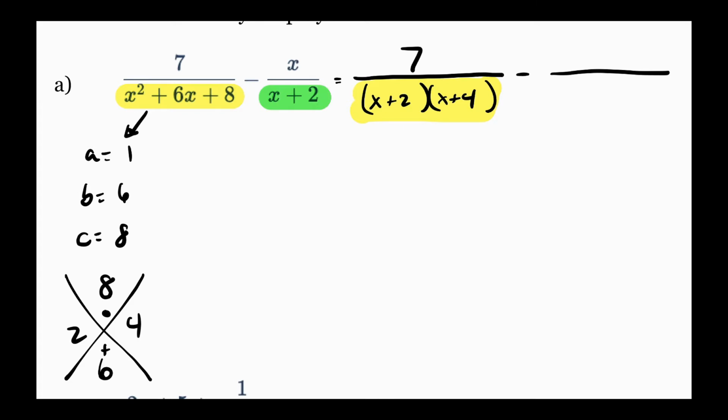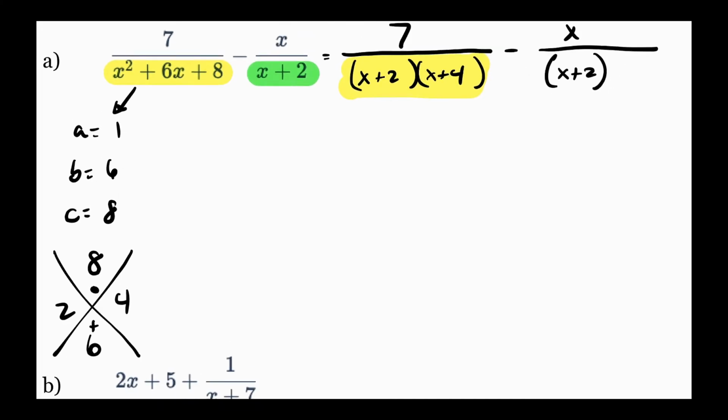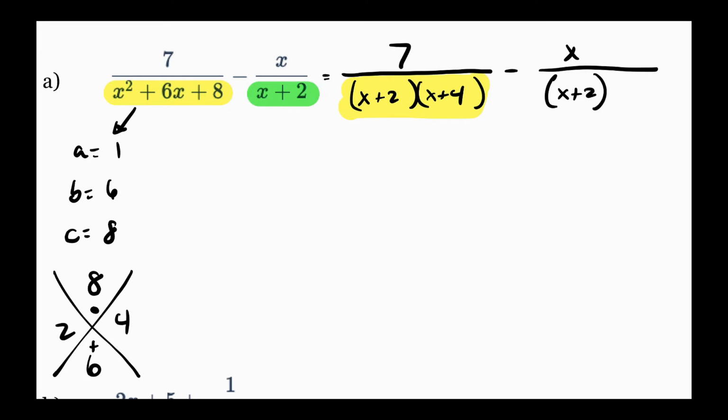So no, it's already factored. And there was an x above it. That was step 1, factor the bottoms. So this is the new green over here.